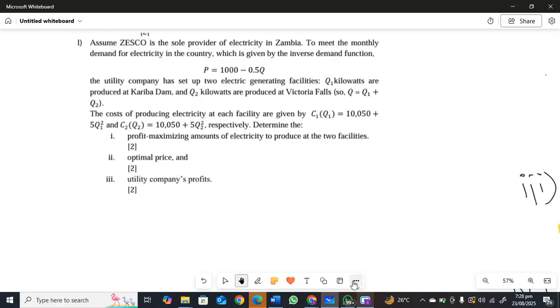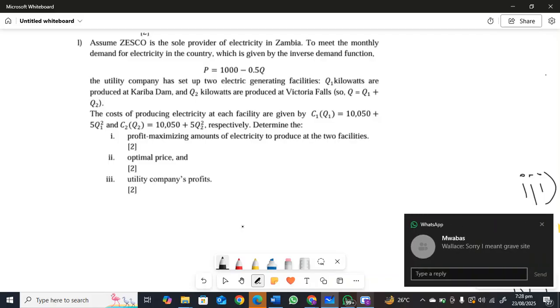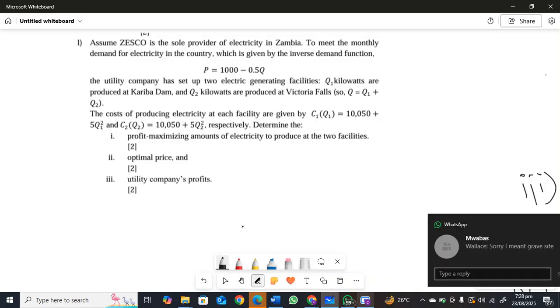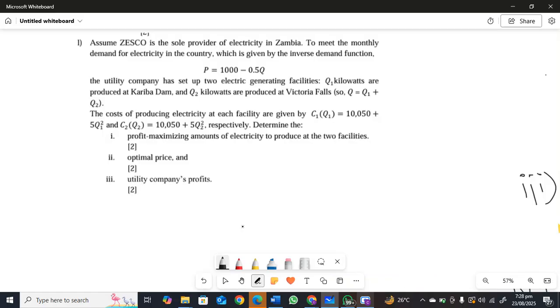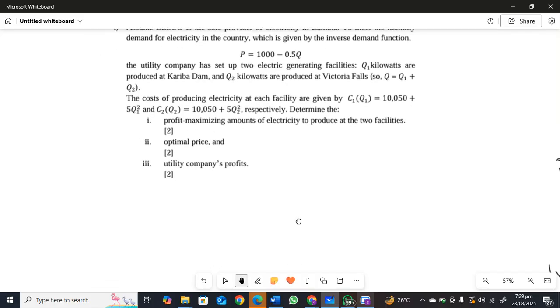Okay, so here you are given a situation where you have two cost functions. In this case, the cost functions are similar. So this is how you deal with such type of questions.